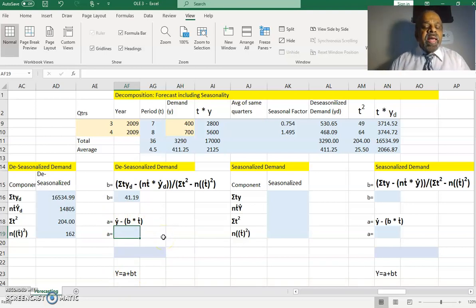But which y can I take? Because y is basically so many different data, and t also has so many different data, so I don't know which one to take.